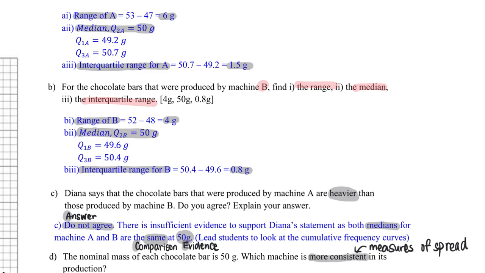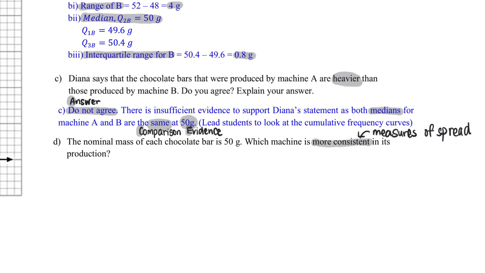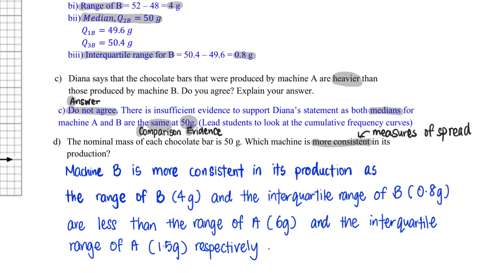The range of B is less than A. 4 compared with 6. The interquartile range for B is also less than A. So this tells me that machine B is more consistent. And I compare the range, that means the range and the interquartile range are less.